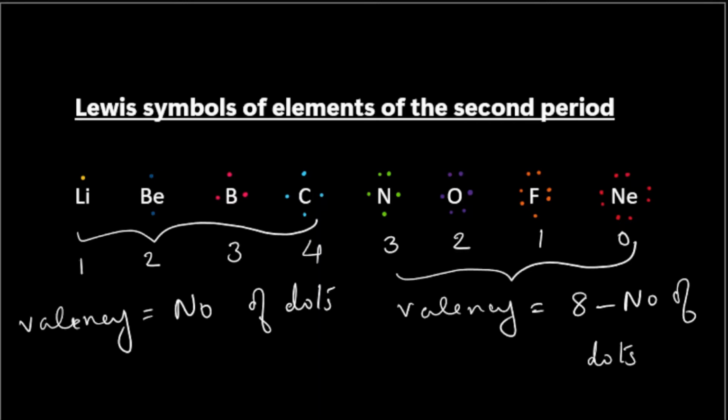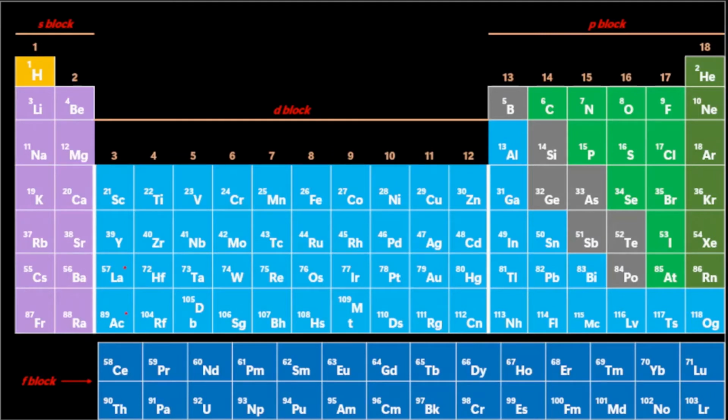So here also remember one thing. The valency remains the same in a group. Why? In a group, all the elements have similar outer electronic configuration. For example, if we take group 1, there is only one valence electron for all the elements in group 1. So their valency becomes 1. So the group valency is also 1.